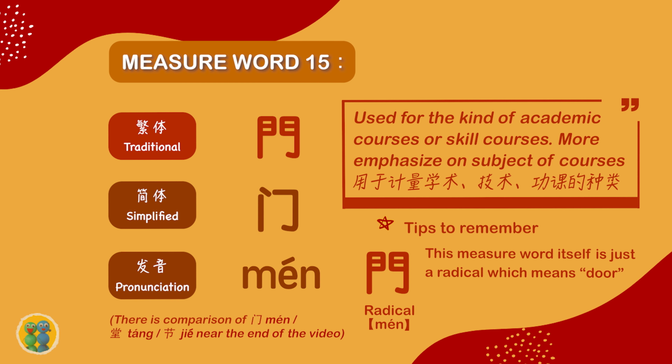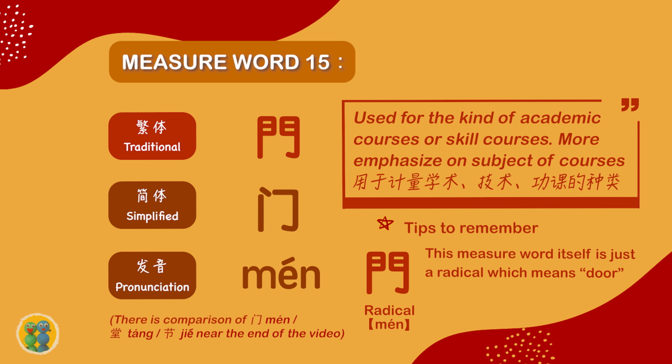The 15th measure word is 门. 门 is used for the kind of academic courses or skill courses. It puts more emphasis on the subject and the kind of courses. And this measure word itself is a radical, which means door.